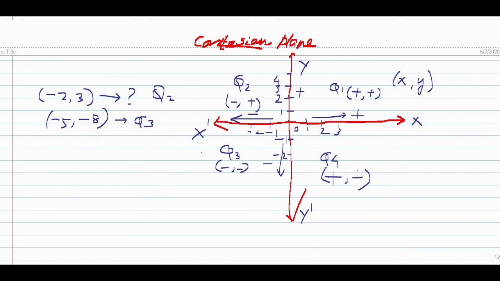Yes, quadrant 3. So tell me (5, -9). In which quadrant does it belong? X is positive and y is negative. So in which quadrant does it belong? Yes, it is in quadrant 4.